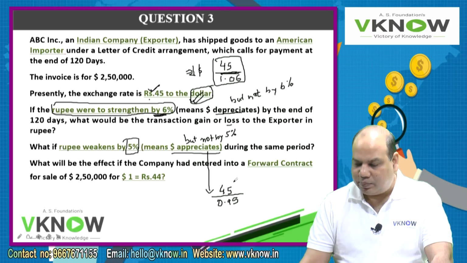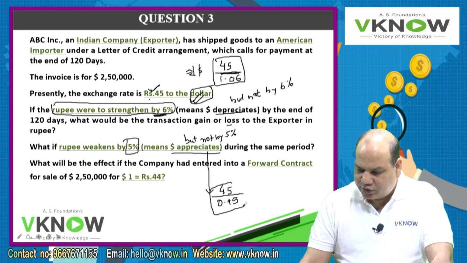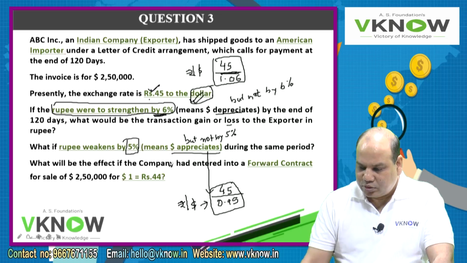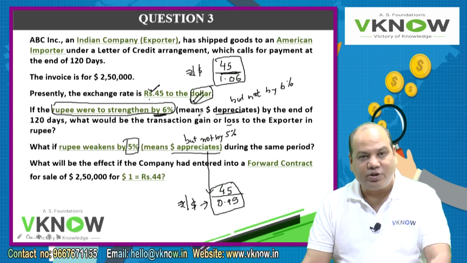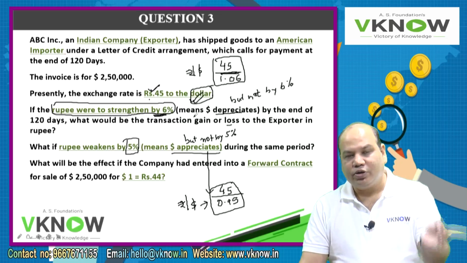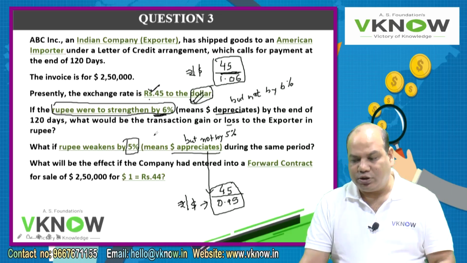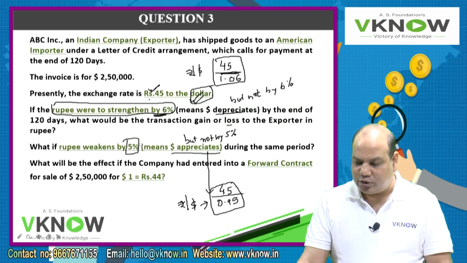So dollar will appreciate if you divide by less than 1 figure. So this will be the exchange rate, rupees per dollar, if rupee depreciates by 5%. In the previous two problems, we have directly taken minus 10% because rate was for rupee, depreciation was in rupees. Here the rate is for dollar, appreciation or depreciation is given in rupees. So I need to be careful here.